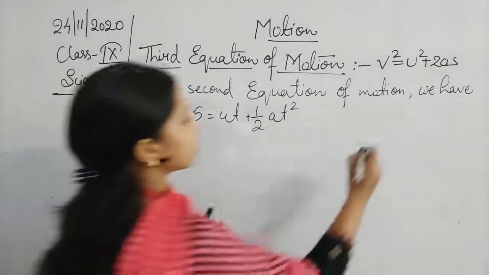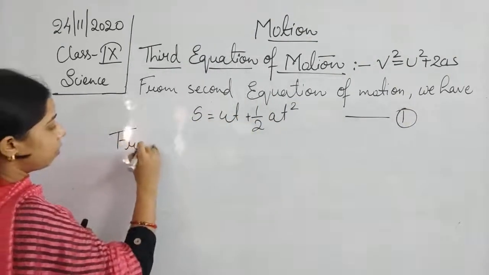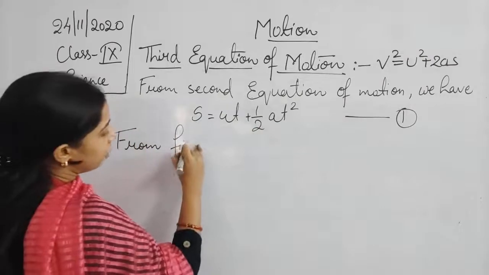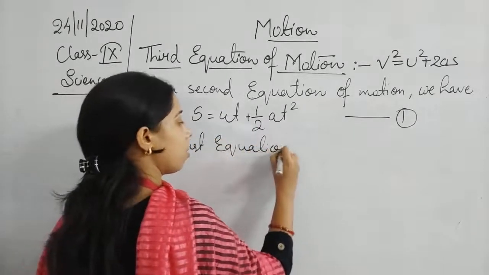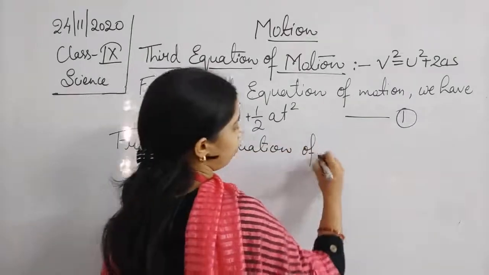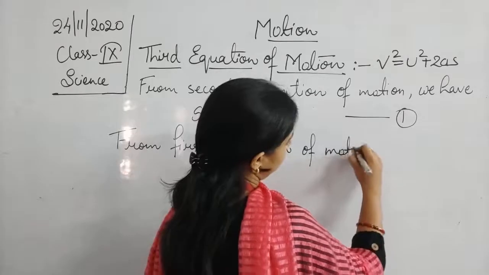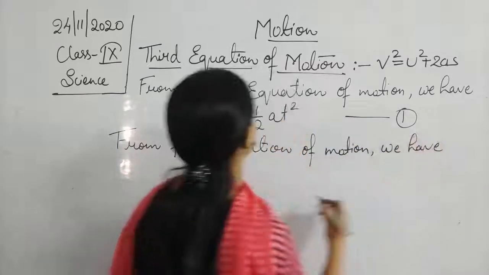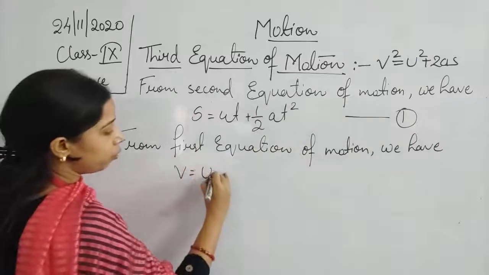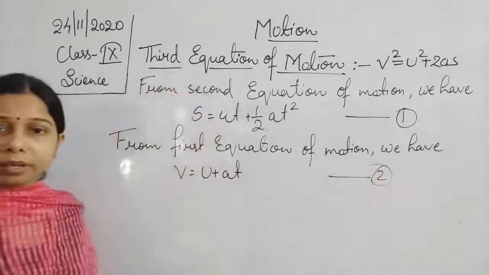Now we will take it as the first equation. Now see, from the first equation of motion we have v = u + at. Right?